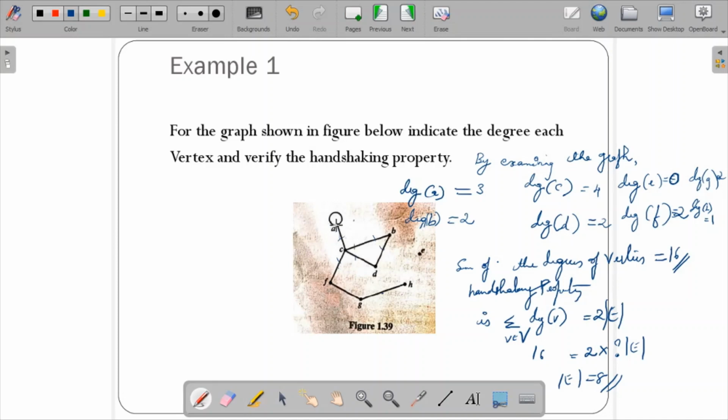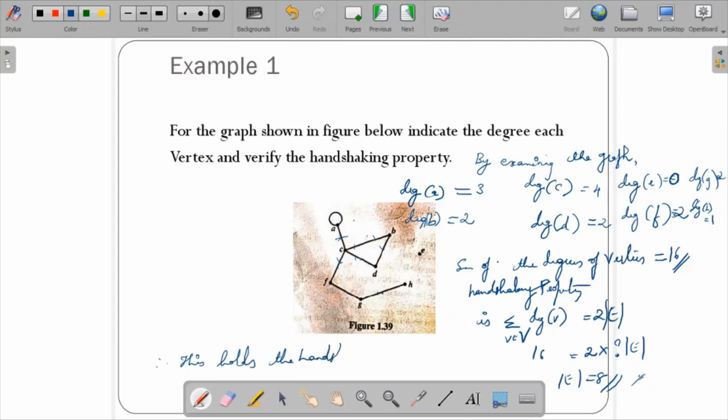When we calculate a degree we are taking a loop twice, but it is one edge, that's it. So 1, 2, 3, 4, 5, 6, 7 and 8. So the sum of the degrees of the vertices is equal to twice the number of edges. This verifies the handshaking property for the given graph.